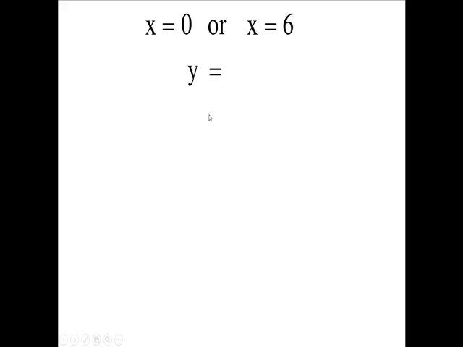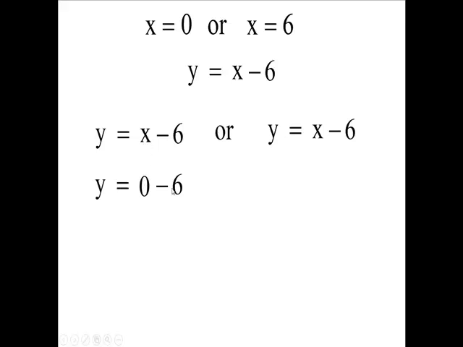Now, we're going to put 0 in for x, or put in a 6 for the x. See, x equals 6? Substitute 6 minus 6. In this case, y equals minus 6, or in this case, y is 0.